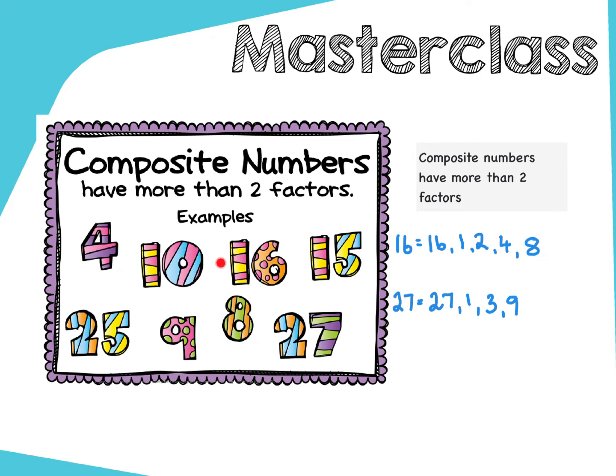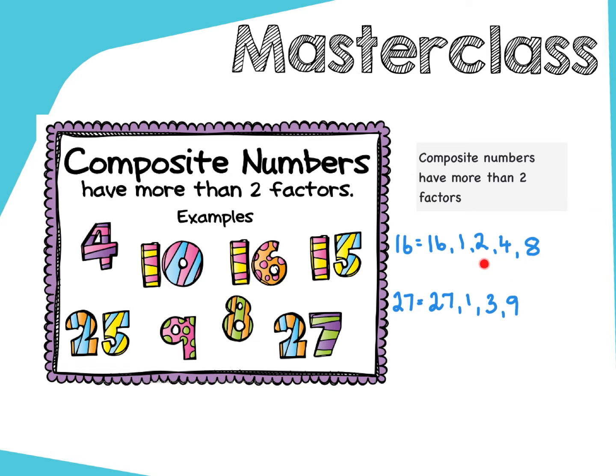So let's have a look at 16 now. If we go across here, 16. Now 16 can be divided by 16 and 1, okay? So those two, then it can also be divided by, now I'd start with the next one, which is 2's, and any even number can be divided by 2, okay? So straight away, 16 is 2. 16 can also be divided by 4, and it can be divided by 8, okay?